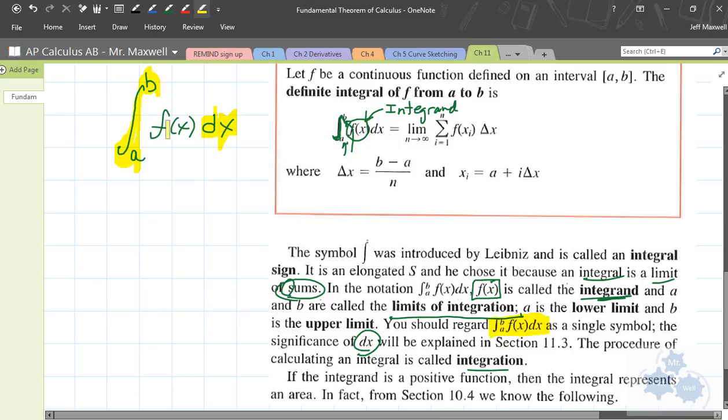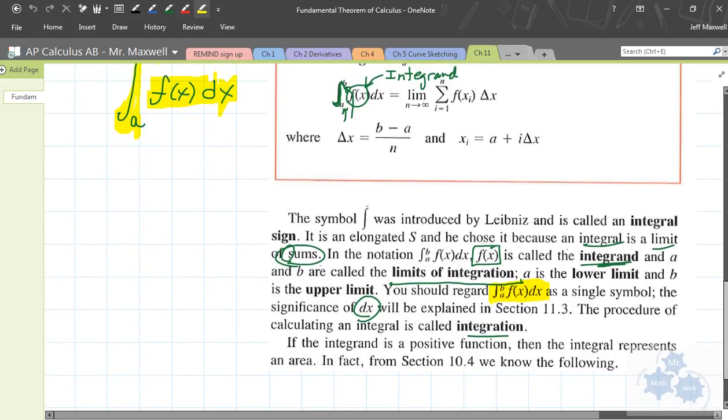The whole thing has meaning all by itself, although you can pull the function out and it means something different. But this basically means the area between a and b under this curve f of x. That's what the integral means. Okay?